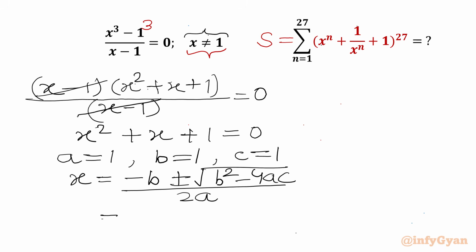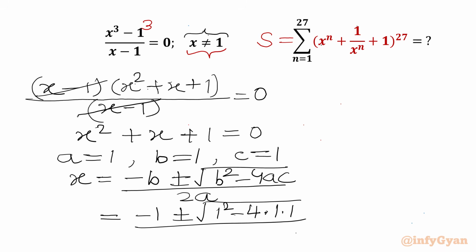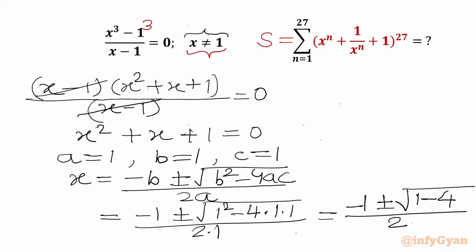Now I will plug in values. I will write minus 1 plus minus square root of 1 square minus 4 times 1 times 1, over 2 times 1. So we will get minus 1 plus minus square root of 1 minus 4, over 2.